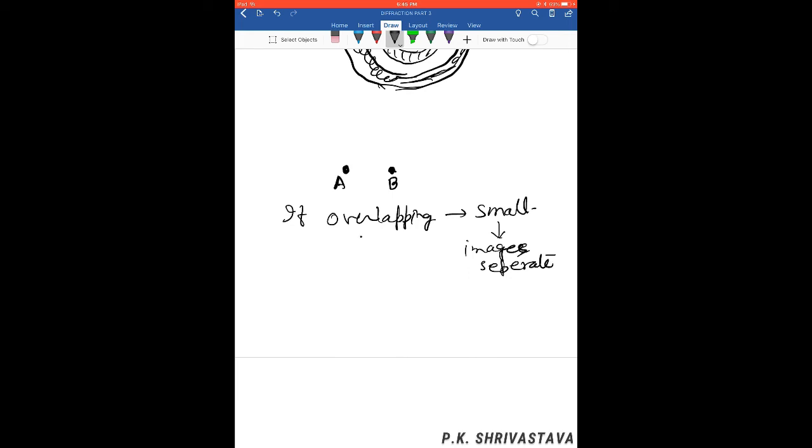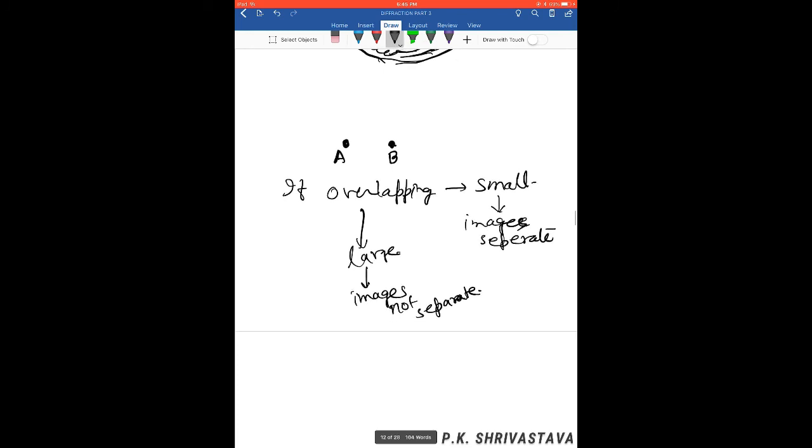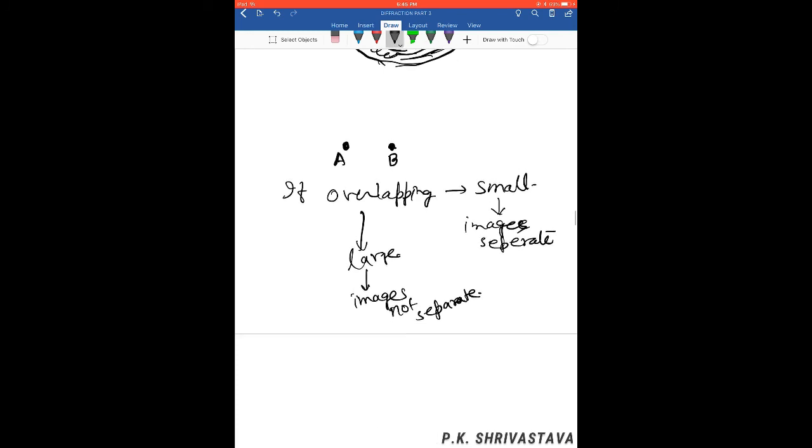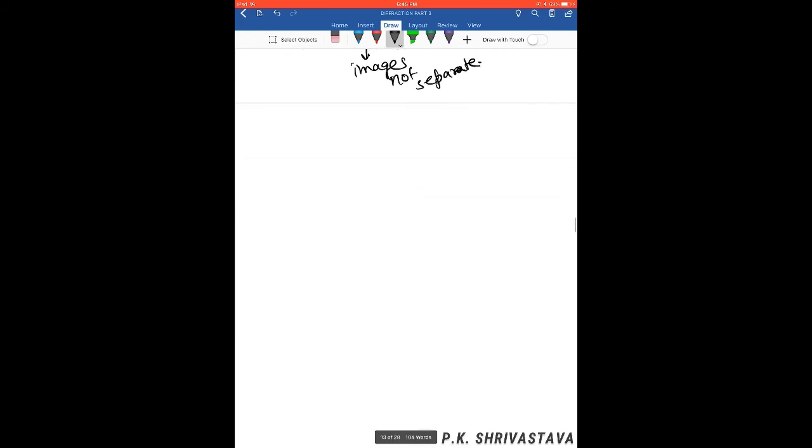But if overlapping is large, then their images are not seen separate. So the diffraction limits the resolving power. How are the images formed by an optical instrument seen separate?